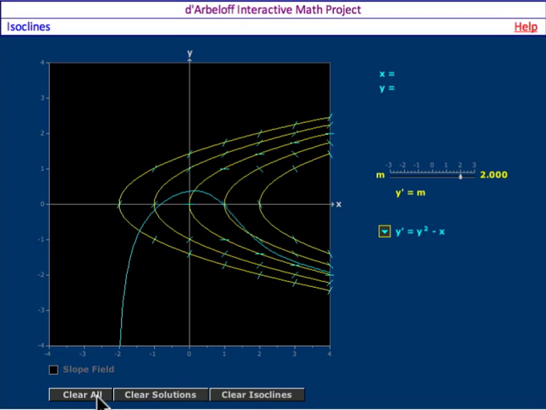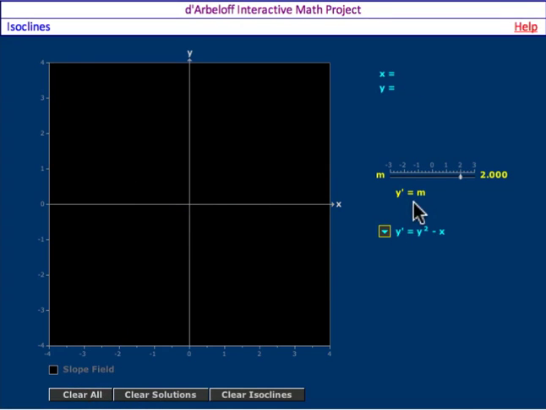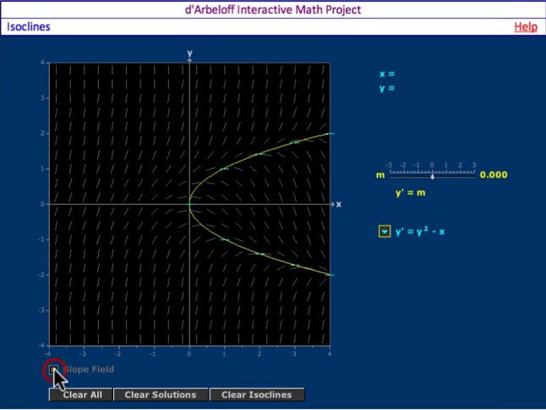I'm going to clear all of these and redraw the m equals 0 isocline on the screen. And I think I'm going to redraw the slope field as well. Now, critical points of a function occur where the derivative is equal to 0.